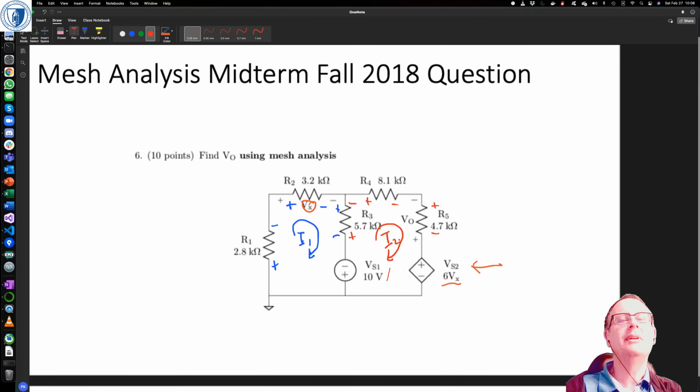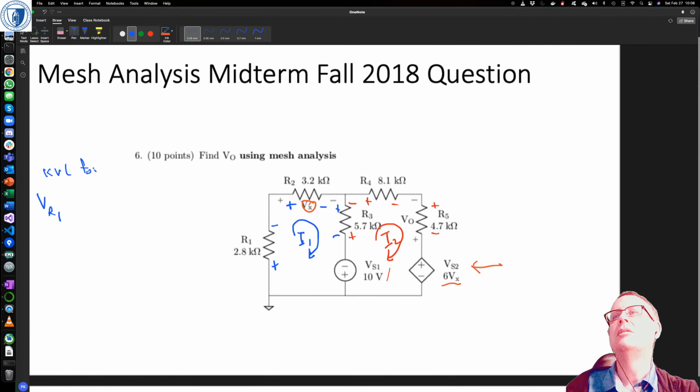The next step is to write down the KVL equation for each mesh. So let's just write that out.